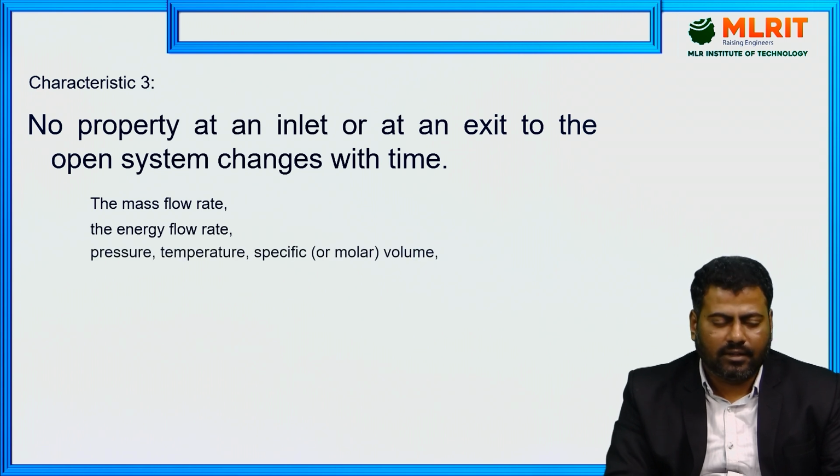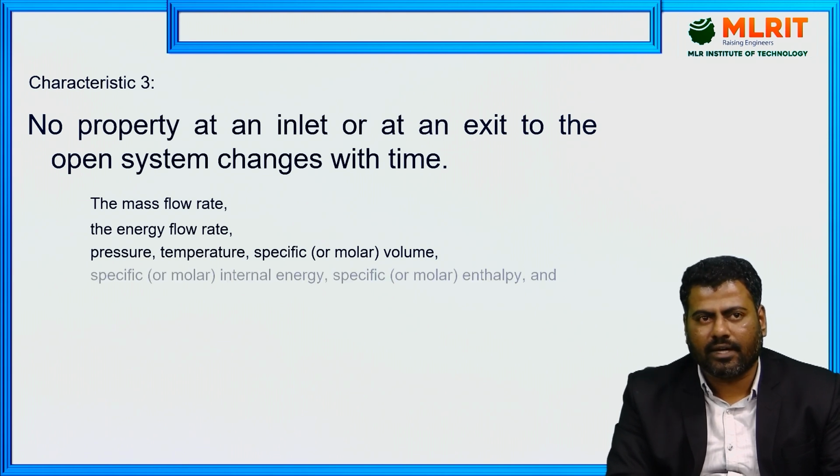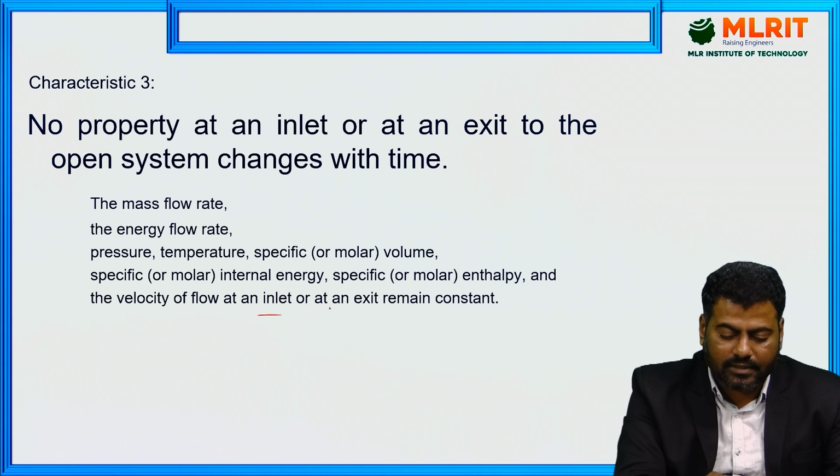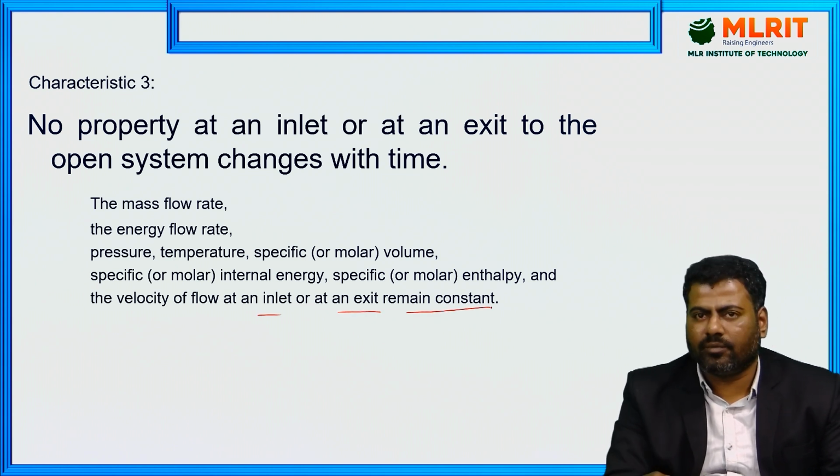Here we have the mass flow rate, the energy flow rate, and the pressure, temperature and specific volume also, right? These are the examples we can consider for steady flow processes. The velocity of flow at an inlet or at an exit remains constant throughout the process.